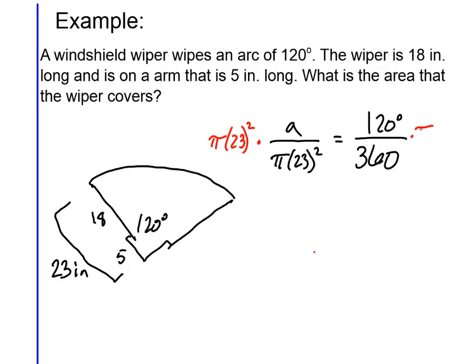Do it to both sides, pi times 23 squared. Now the a would be alone, and my answer is what I get from doing 120 divided by 360 times pi times 23 squared. I'm going to round this up to 554 because of the decimals that round it.